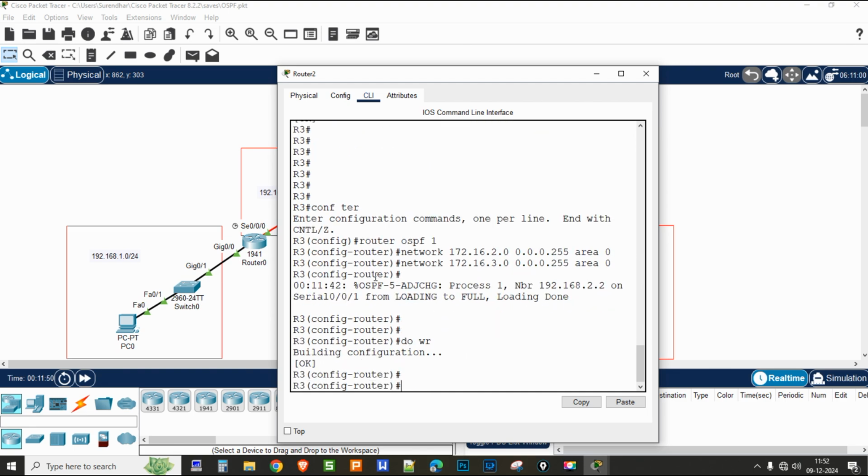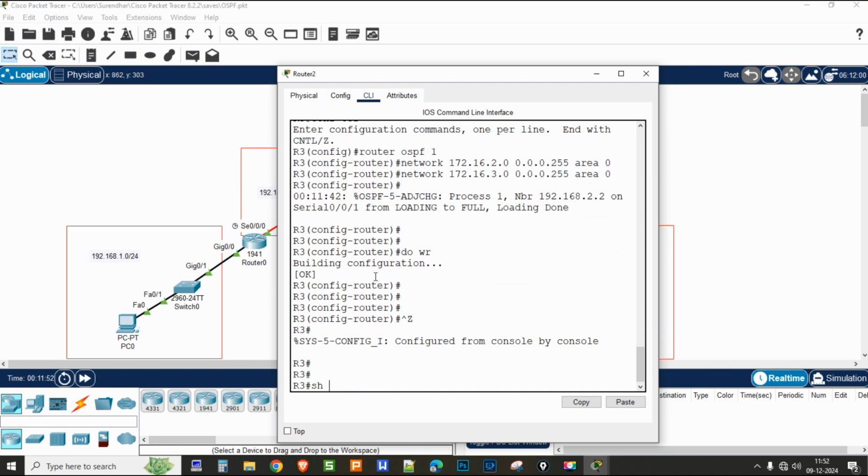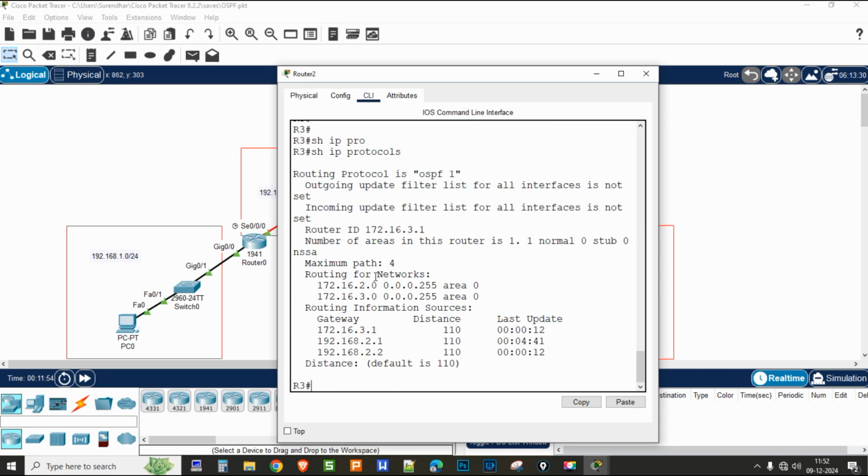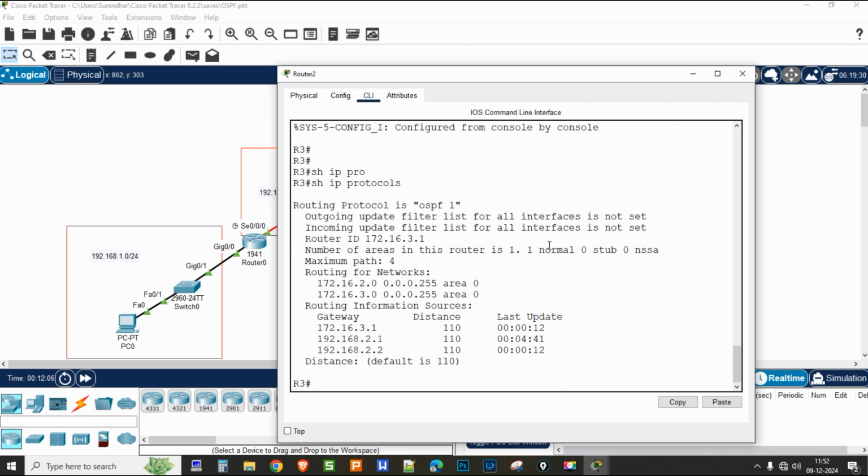I need to save the configuration. Show ip protocols. I told you 3.1 has the highest value IP address, so it is chosen as the router ID.